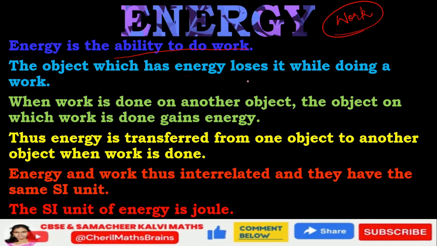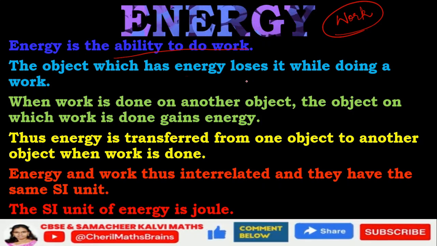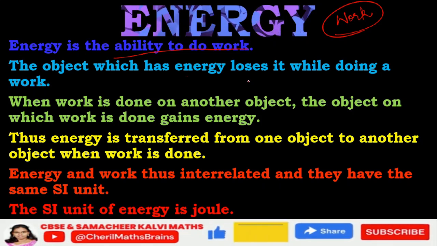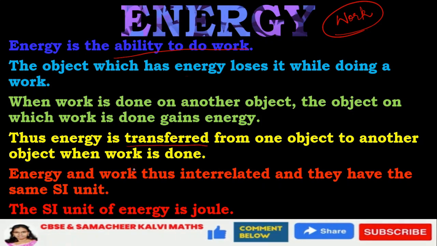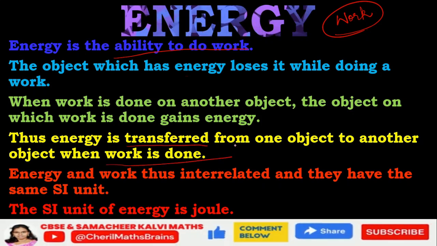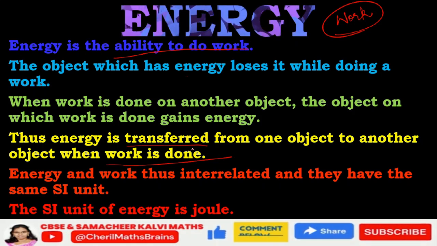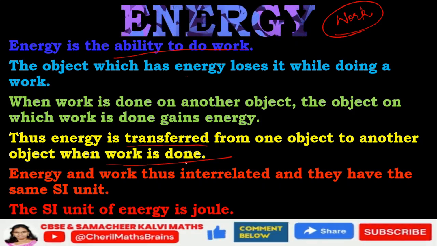So where have we lost it? Our energy has gone to the child. So we can say that energy is getting transferred from one object to another when work is done. Is it clear, children? Energy is transferred from one object to another when work is done.